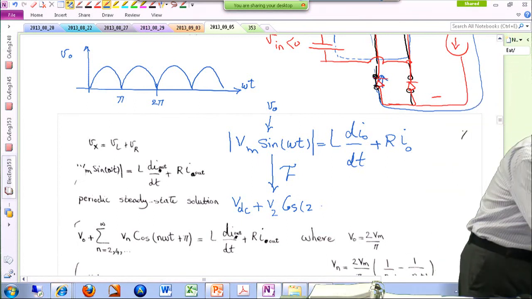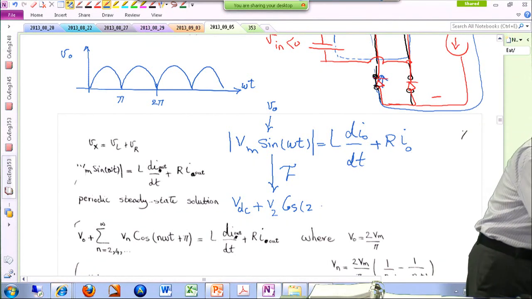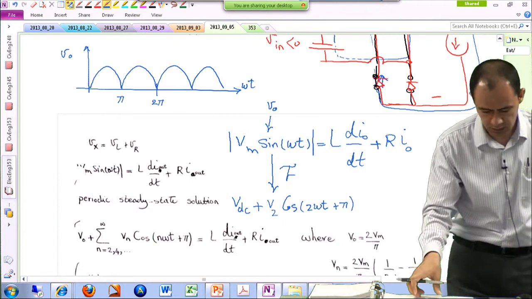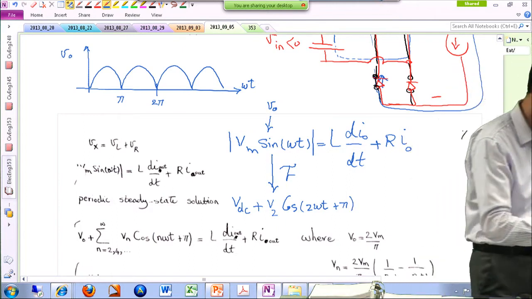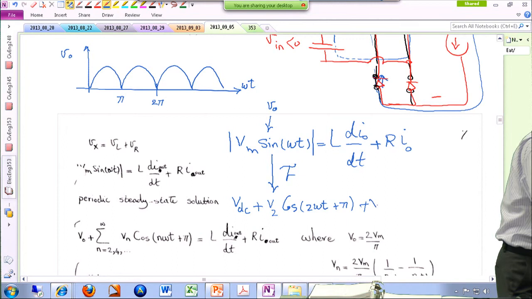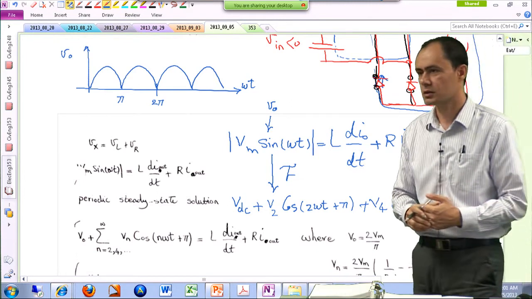Yeah, my notes are based on cosine, but it would be easier to write them based on sine. But anyways, cosine of 2 omega t plus pi. And then plus V4 cosine of 4 omega t plus pi. And you just keep breaking down into its harmonics.